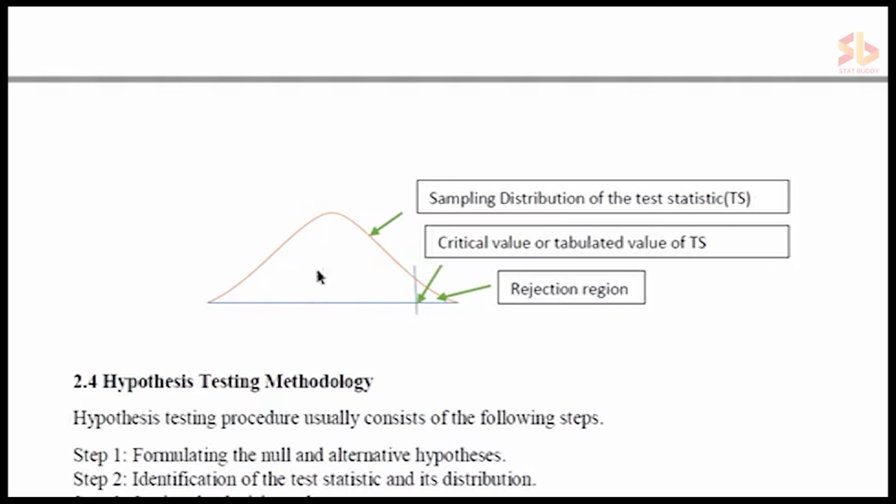Here we have a parameter value for the hypothesis, and if our sample estimate gives a value for this parameter that is greater than this critical value, somewhere in here, we can say that we have to reject this null hypothesis.